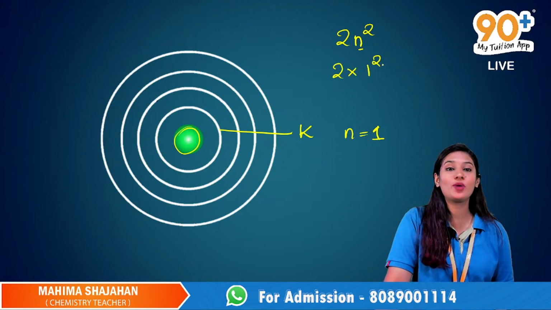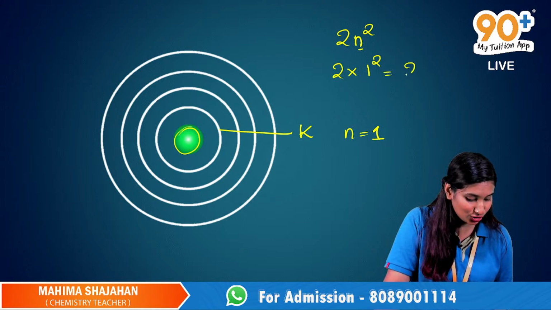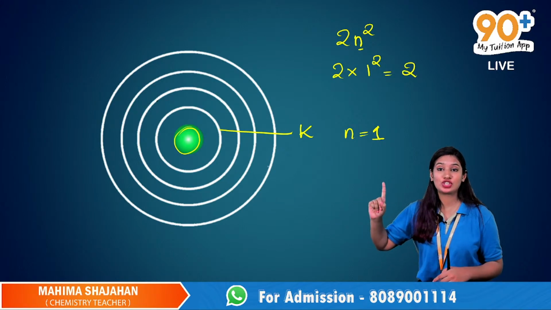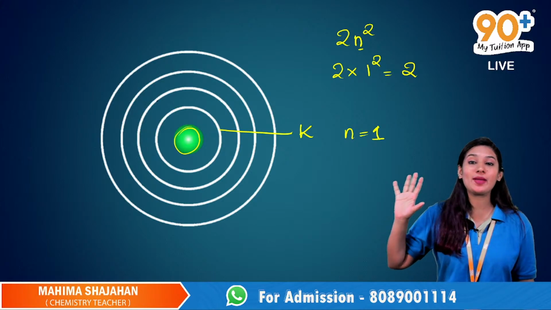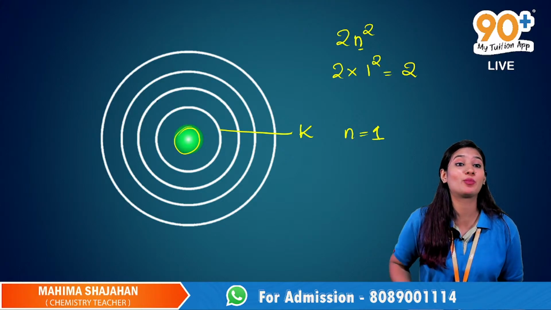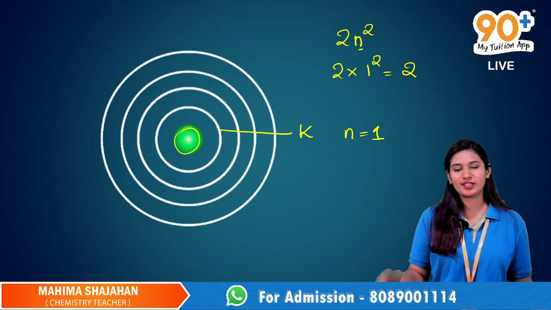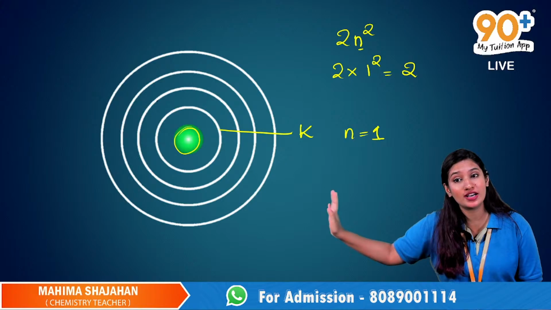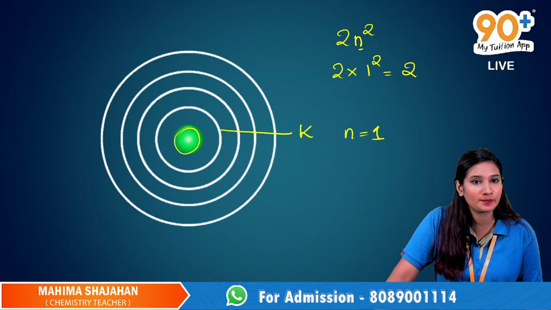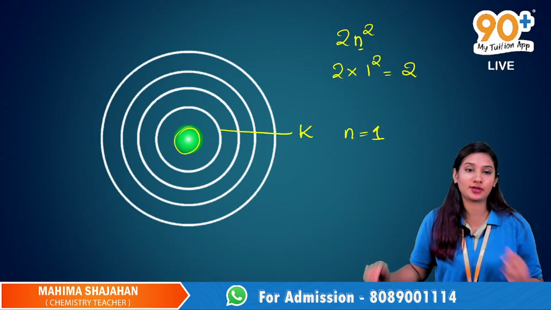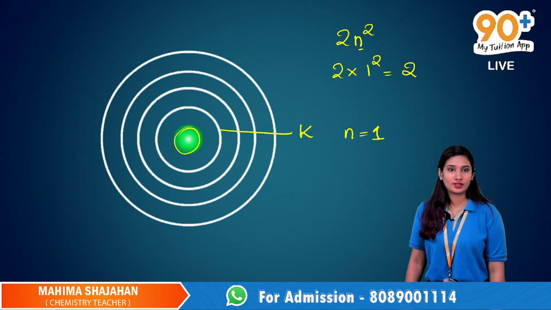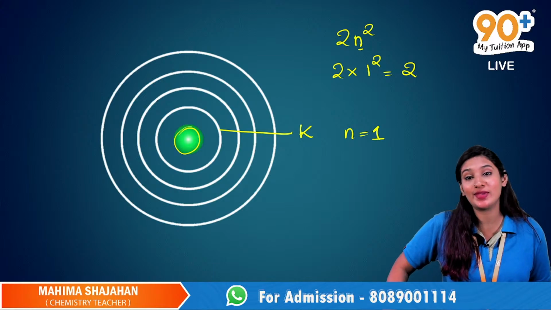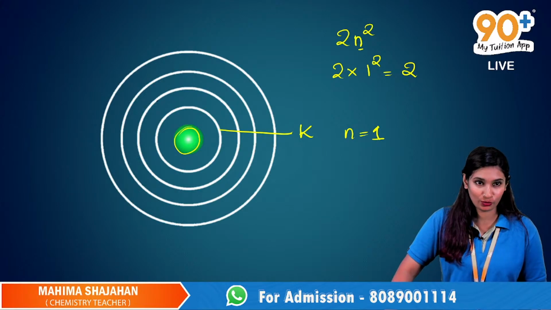What is 2 into 1 square? That is 2. So in the K shell, that is the first shell, the maximum number of electrons that can be accommodated is 2. Only 2 electrons are possible in the first shell. Is it clear? If it is clear, you can write it down.